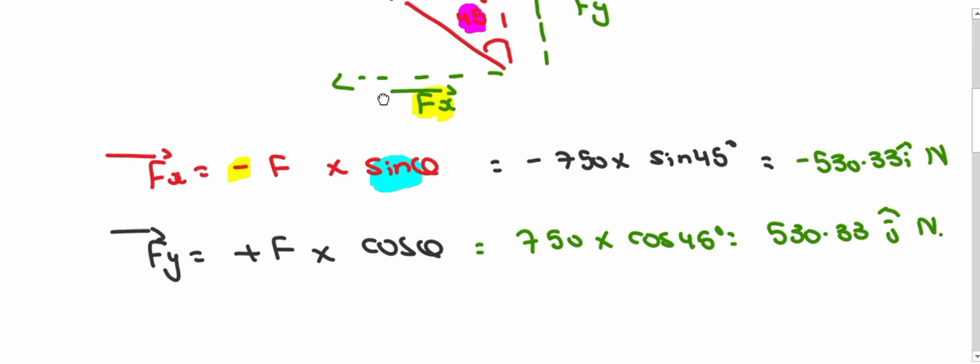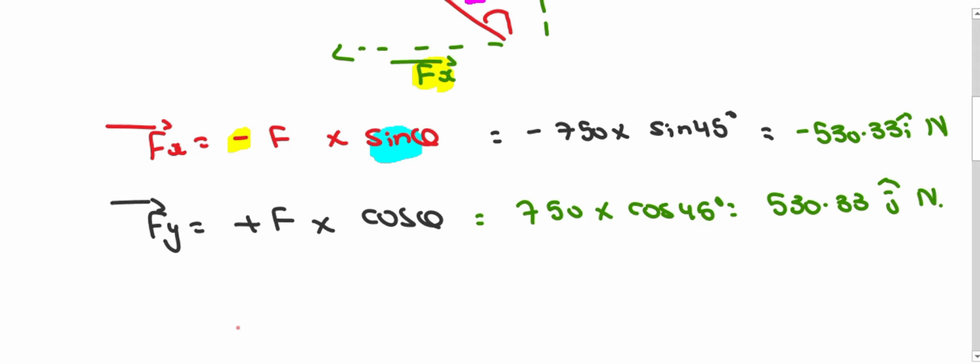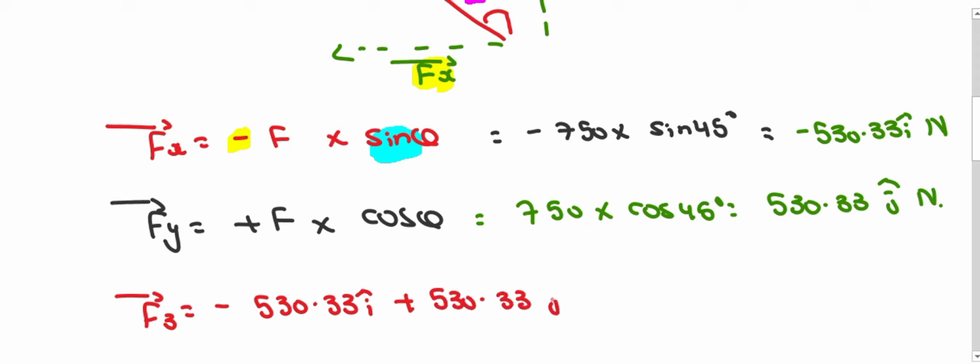This is the Cartesian or vectorial form of the 750 Newton force, and it may be written as F3 equals negative 530.33 i cap plus 530.33 j cap Newton.